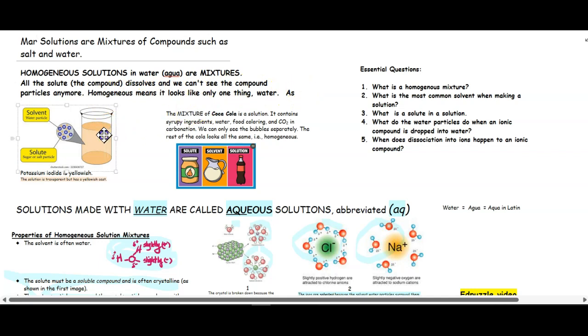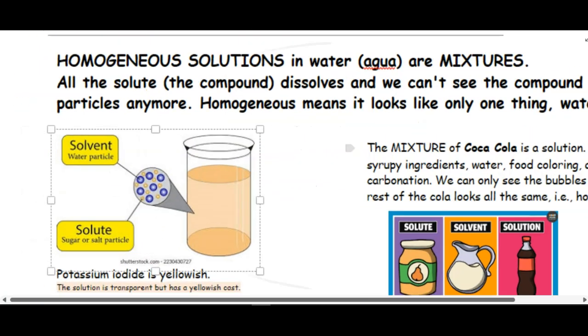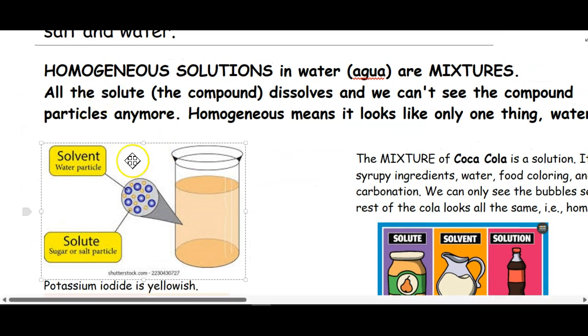All right? So, here's an example. We'll make it really big. So, really common, the solvent is the water. The solute is the sugar or salt or whatever it is that you are putting in. I thought this looked like potassium iodide, which is yellowish, and it dissolves well.